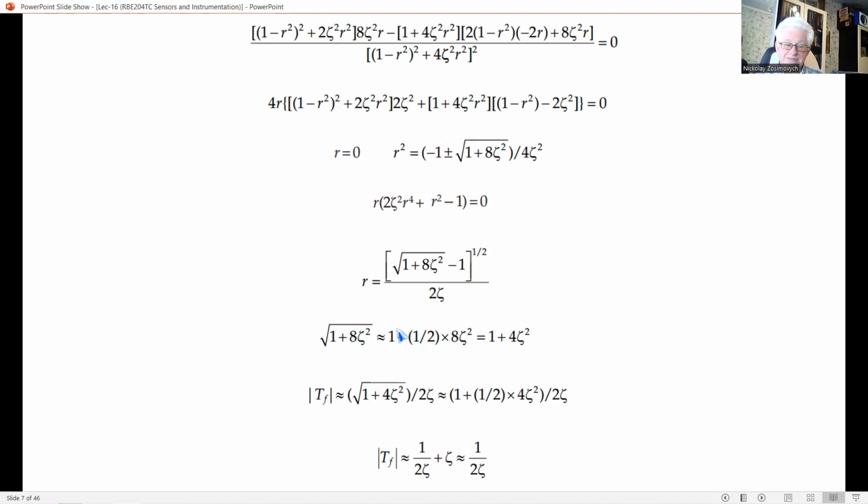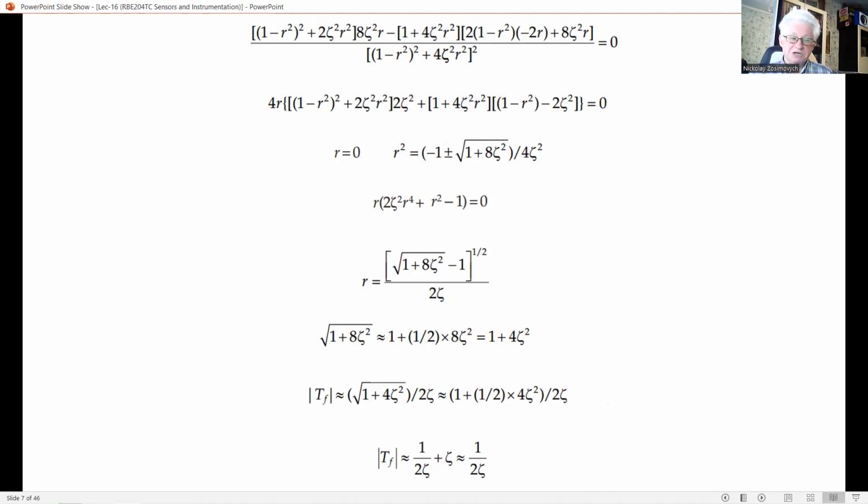So with this approximation, the equation evaluates to 1. And hence for small damping, the transmissibility magnitude will have a peak when r equals 1.